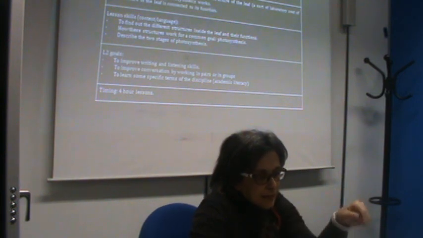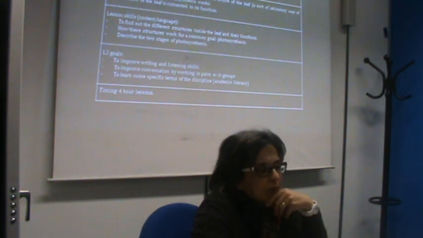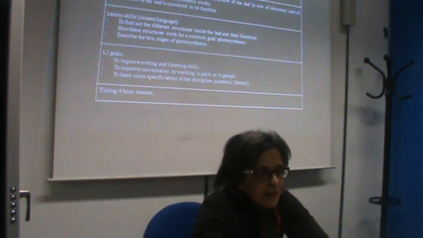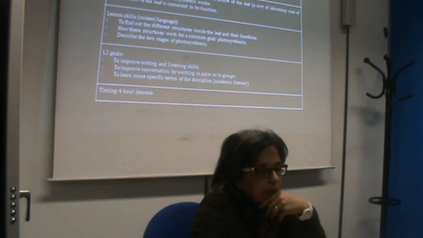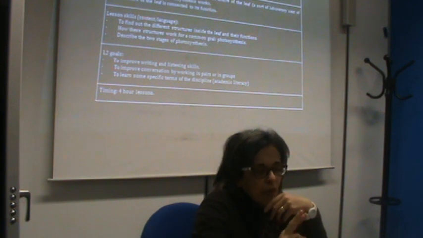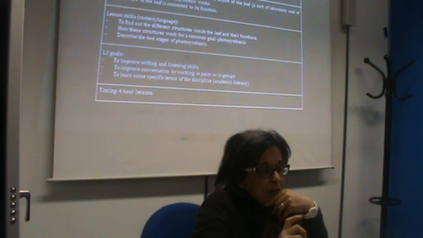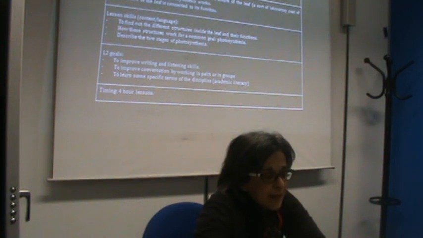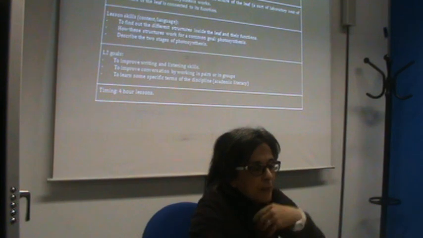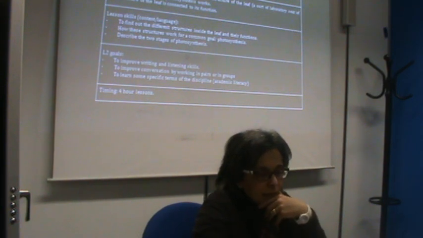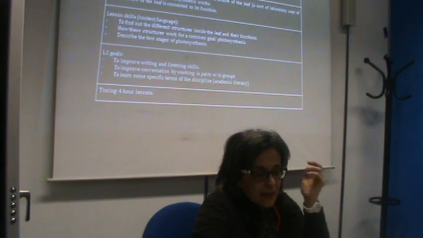The content skills are to find out the different structures inside the leaf and their functions, how these structures work for a common goal, photosynthesis, and describe the two stages of photosynthesis. The language goals are to improve writing and listening skills, to improve conversation by working in pairs or in groups, to learn some specific terms of the discipline, so academic literacy.